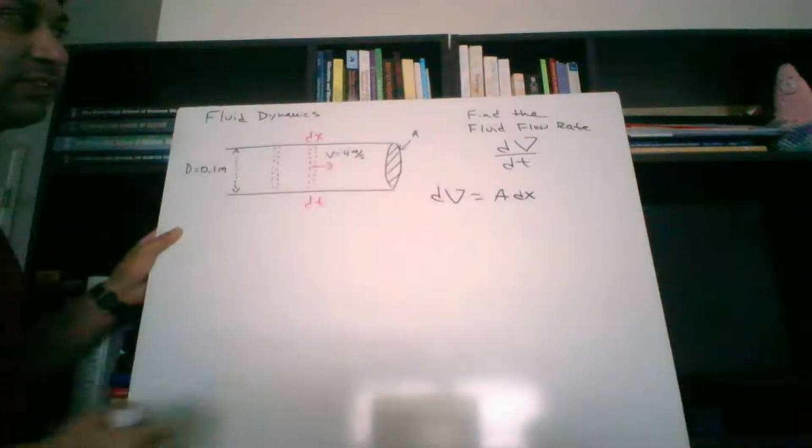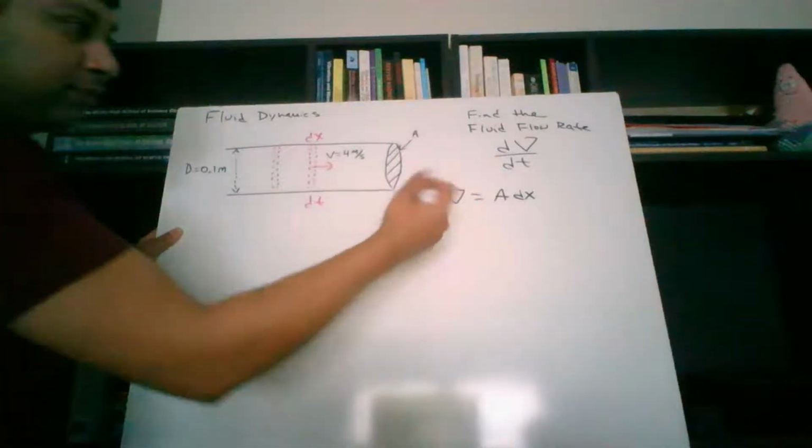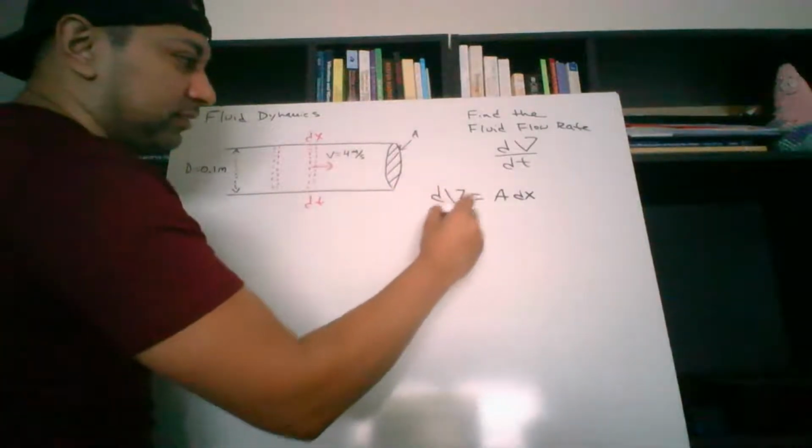Our goal is to figure out what the flow rate is, so I have to divide both sides by dt.